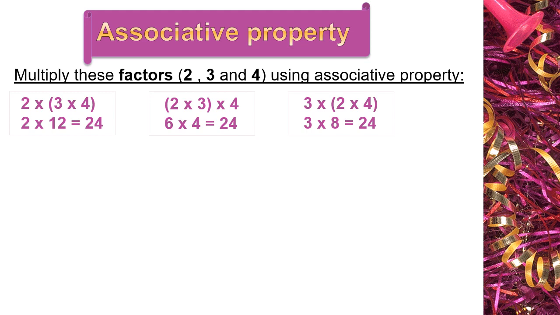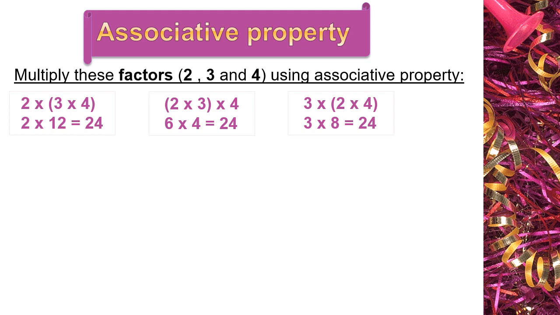In the second way, I put 2 and 3 between two brackets. I multiplied them, then I multiplied 4. Here, I put 2 and 4 between two brackets and multiplied them, then multiplied 3. 2 times 4, 8. 8 times 3, 24.